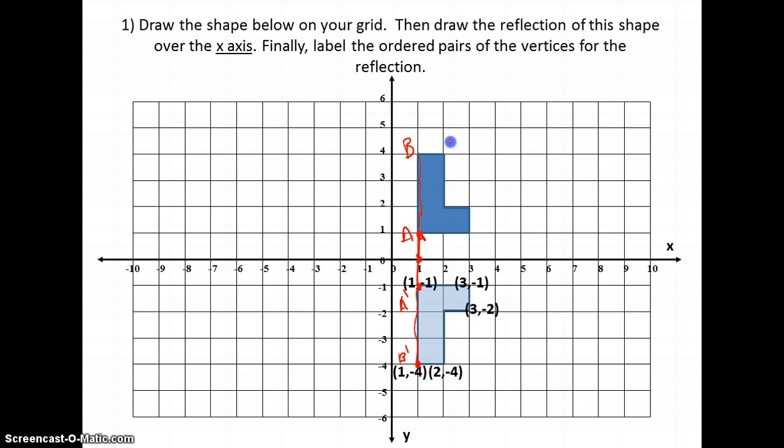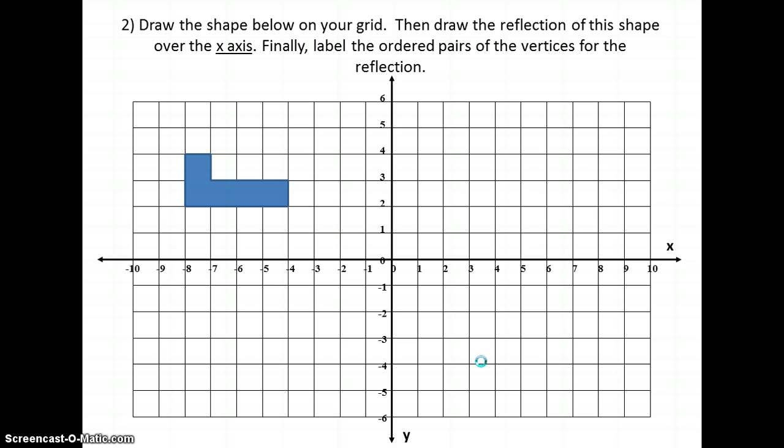Let's look at point C. Point C is 1, 2, 3, 4 spaces away from the x-axis. So C prime needs to be 1, 2, 3, 4 spaces away from the x-axis. If I were to reflect this shape over the x-axis, I would simply look at my points and count 1, 2 to get to the x-axis.